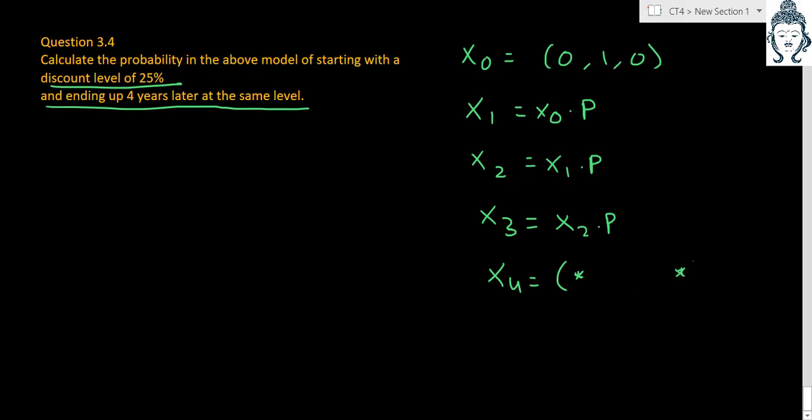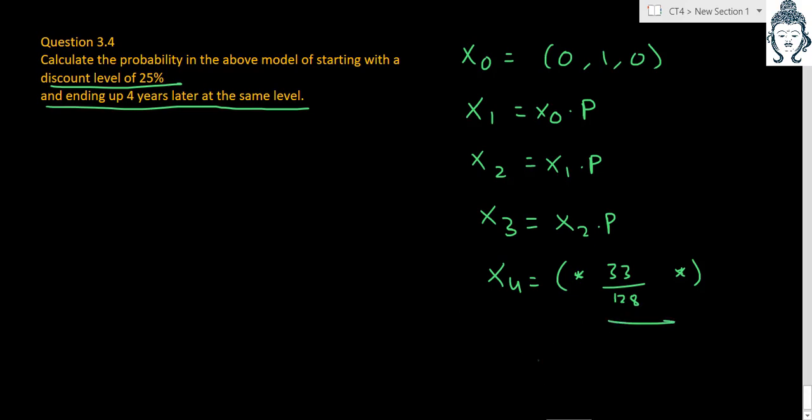So the first value and the third value are not required, and your second value will come out to be 33 by 128. Try it by yourself, I'm sure you'll be able to. You just have to multiply these vectors with matrices to get to x4 and see the middle value, and it should be this.